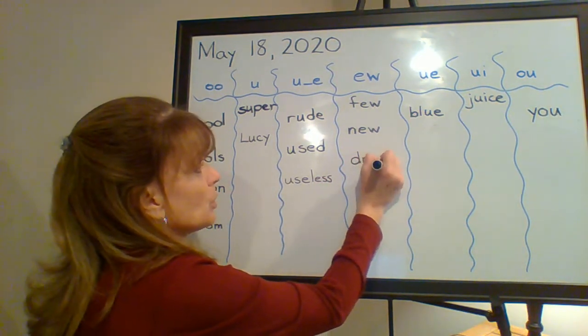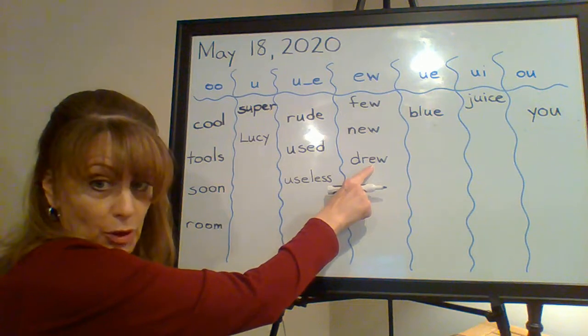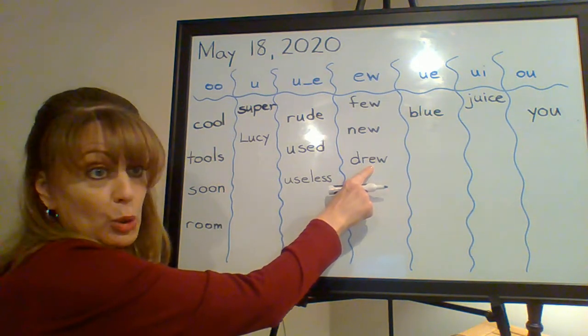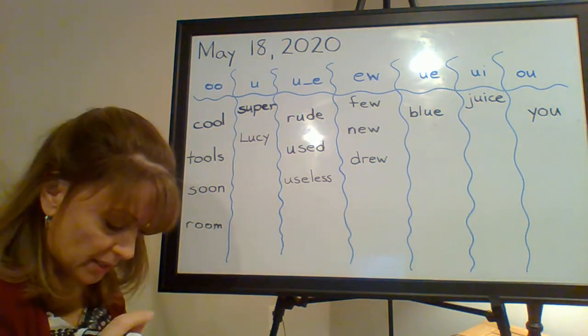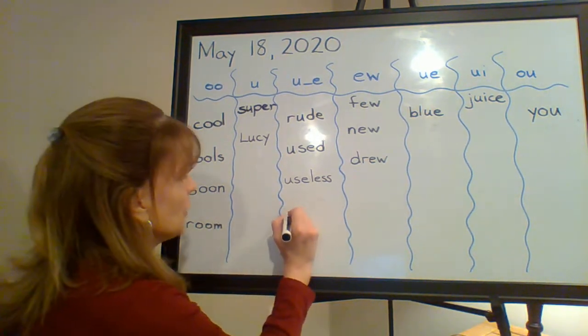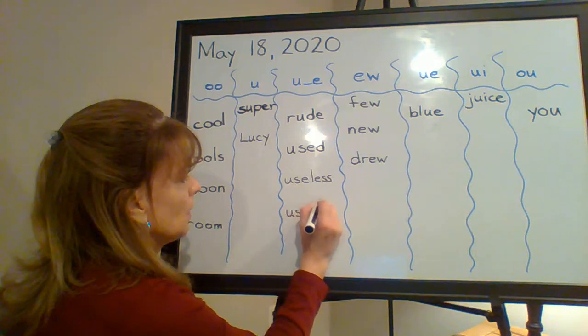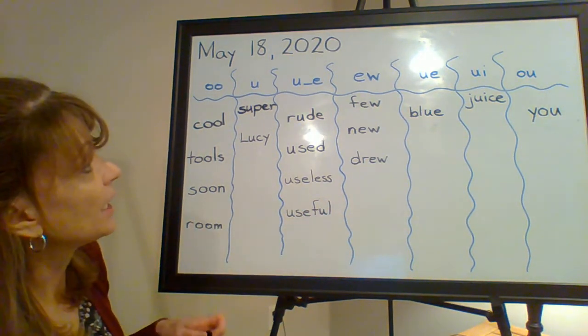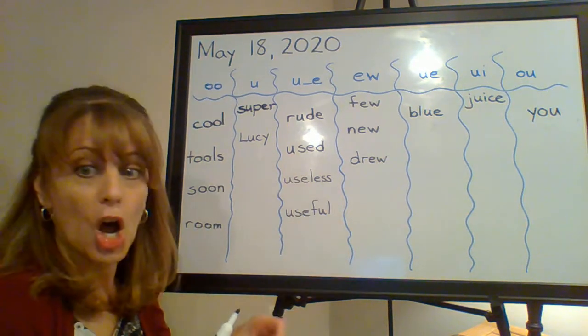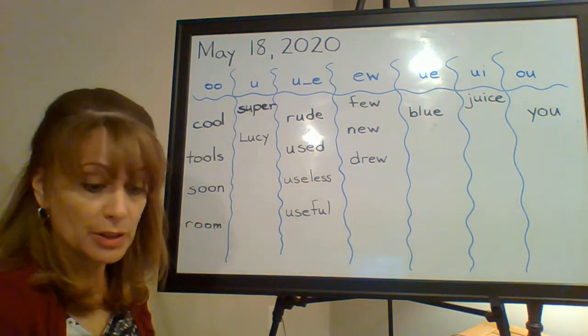Now this drew is the past tense of draw, like I drew a picture. If it has a capital, then it could be someone's name. And useful. So you can see just the words that you're going to read in the story follow all 7 of the patterns.